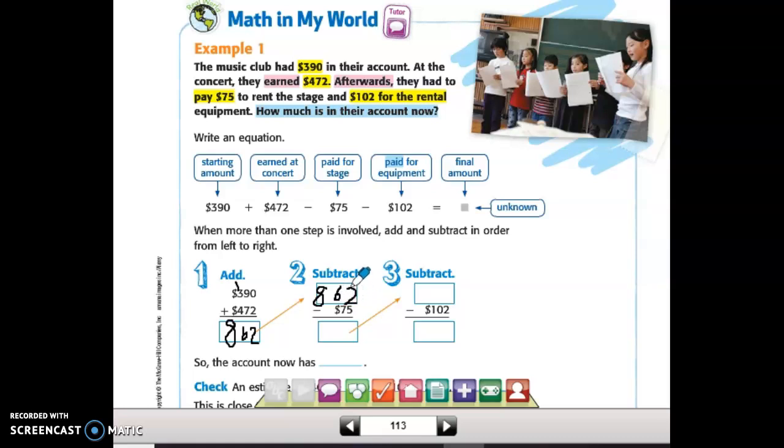clumsy mouse. Now I've got 2 minus 5. Got to regroup. 6 goes to 5. 2 becomes 12. 12 minus 5.